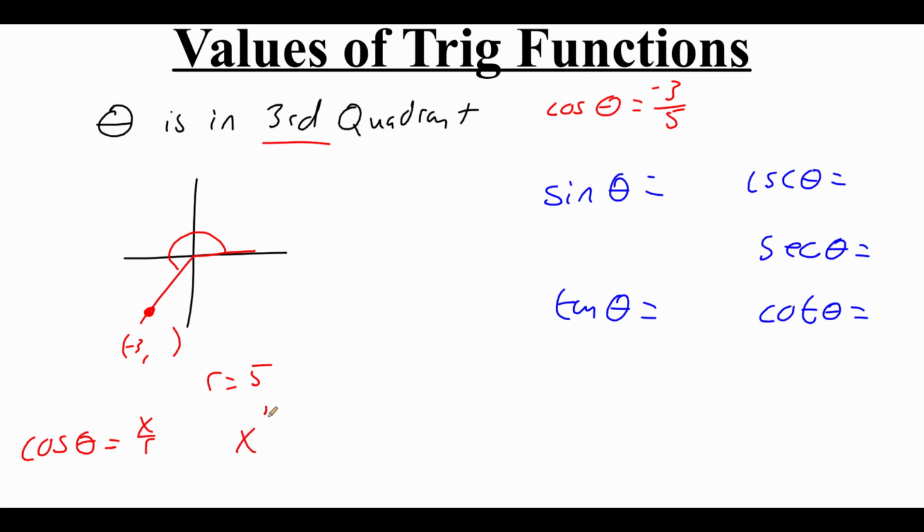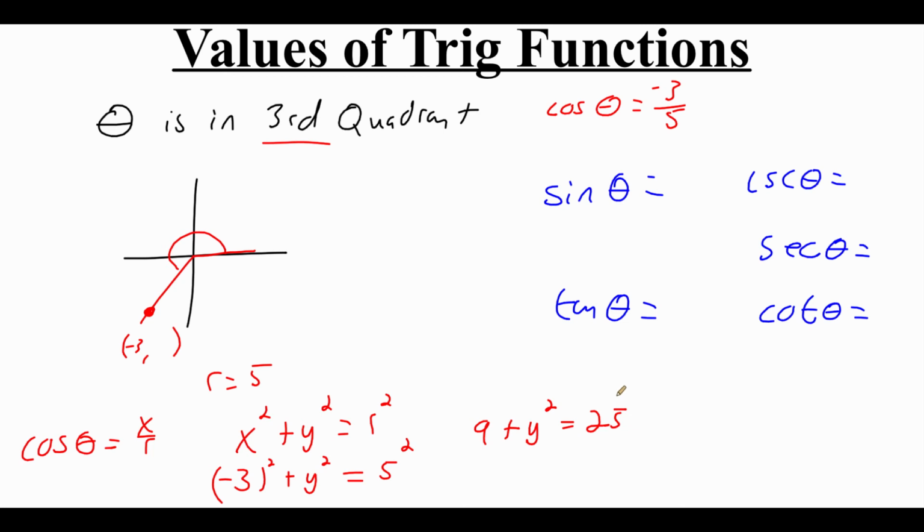So I'm going to go x squared plus y squared equals r squared. My x value is -3, so I'm going to go -3 squared plus y squared equals 5 squared. Now -3 squared is 9, so we have 9 plus y squared equals 5 squared is 25.